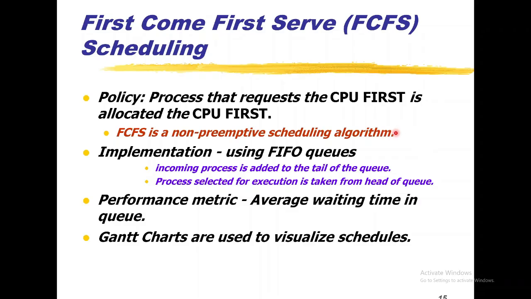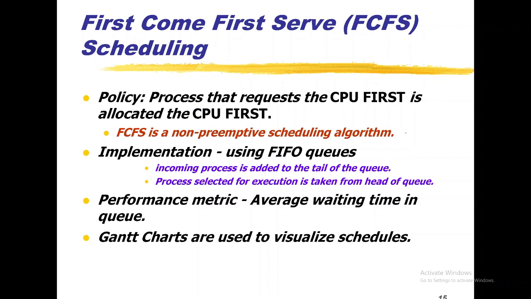Once it starts, it has to run to the end. This is usually implemented using first in, first out queues, FIFO queues. Here, an incoming process is added to the tail of the queue, and a process selected for execution is taken from the head of the queue. Let's have a diagram. Let me get a pen.